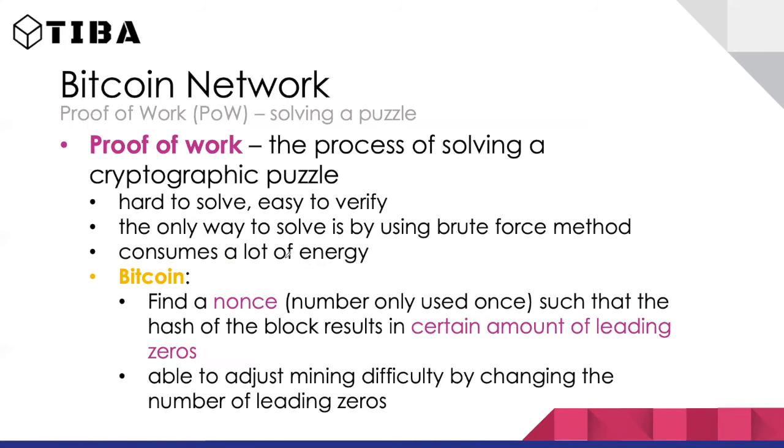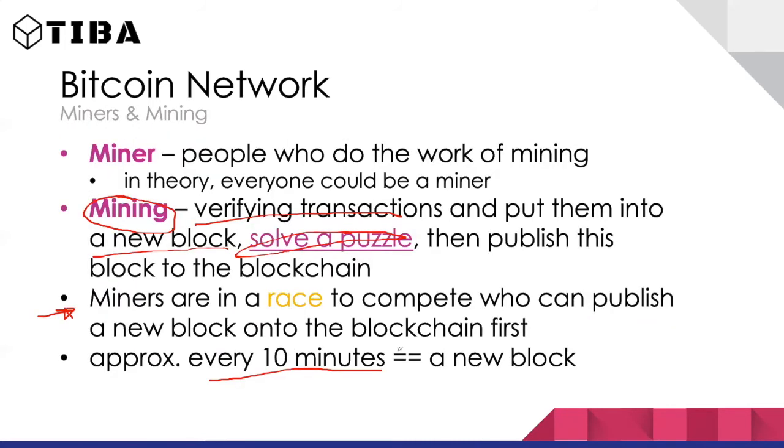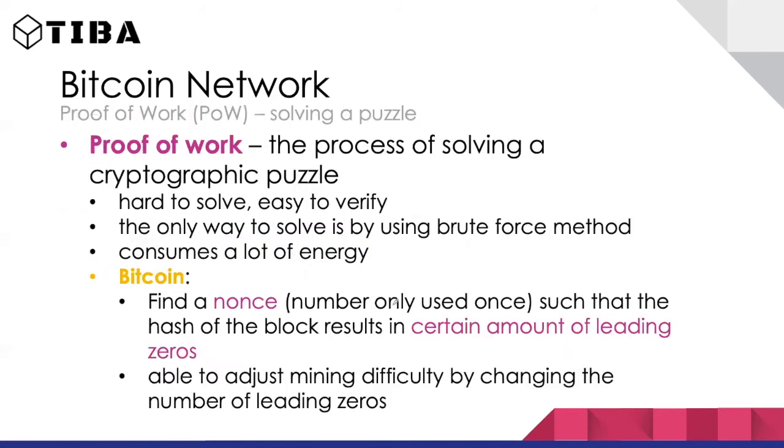So we talk about this solve a puzzle thing, but what is it? A more formal name for it is proof of work. It's essentially the process of solving a cryptographic puzzle. Some of the properties are that it's hard to solve but easy to verify. The only way to solve it is by using the brute force method, and it consumes a lot of energy, as we'll see.